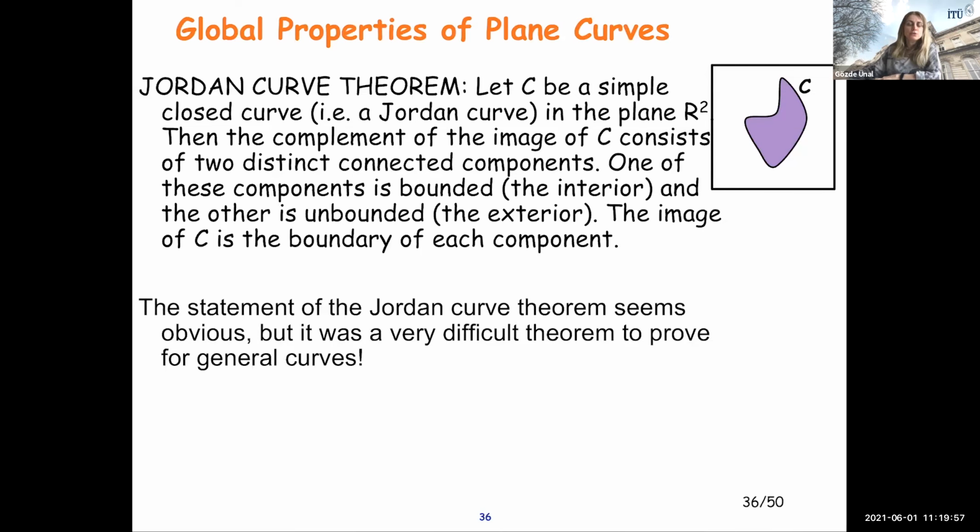And we actually use, of course, the interior and exterior of curves. This is an important concept too in analyzing regions, geometries, curves.